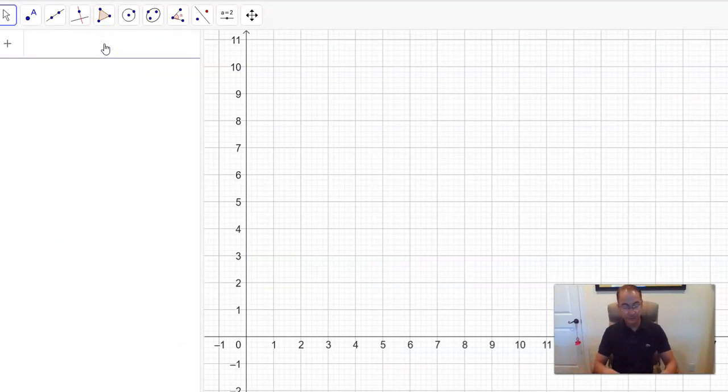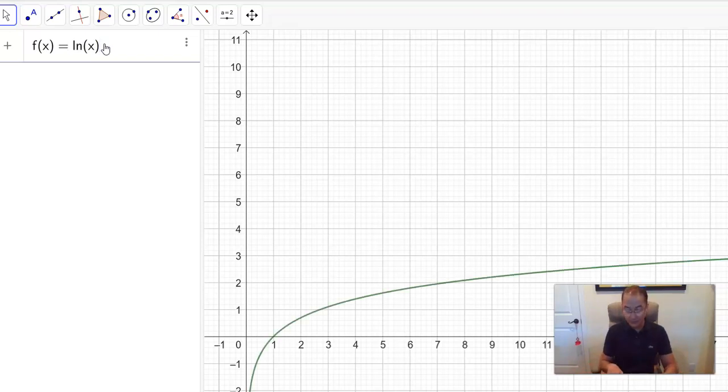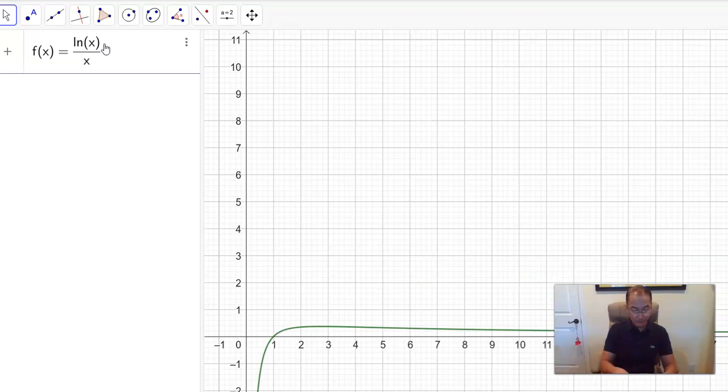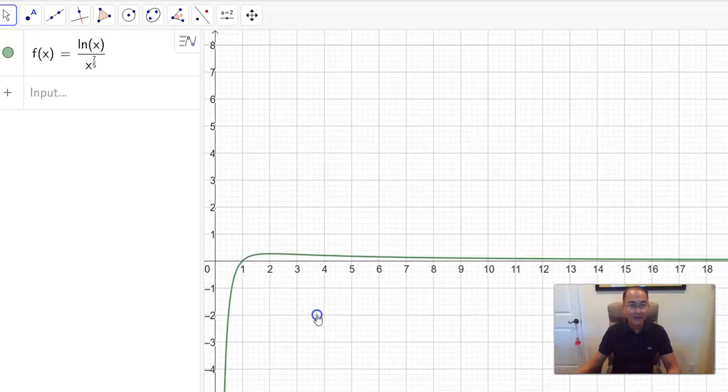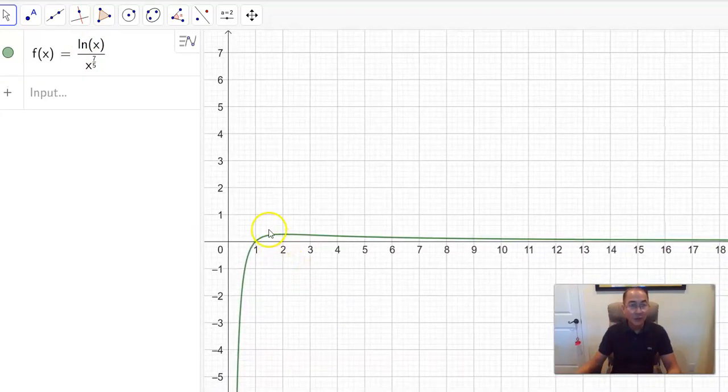All right, here we are. So let's take a look at f of x, which is ln of x divided by x to the power 7 over 5. So there it is. We can already see that it's smaller than 1 right away.